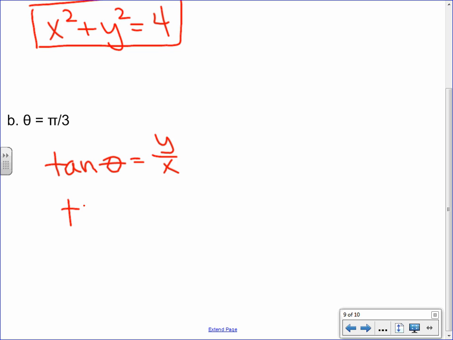Well, in this case, theta is pi over 3. What is the tangent at pi over 3? Radical 3. How do you feel about that?